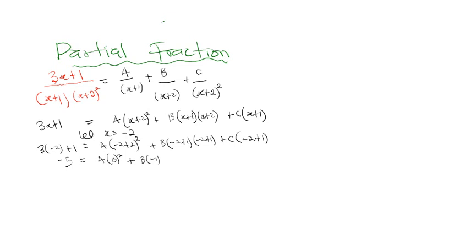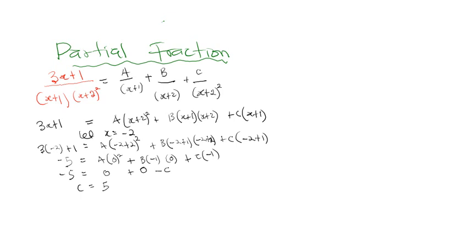The b will also give you 0 here, plus c into bracket negative 1. Let's make that correction there. So I have negative 5 is equal to 0 plus another 0 minus c. Therefore, our c will resolve into 5.